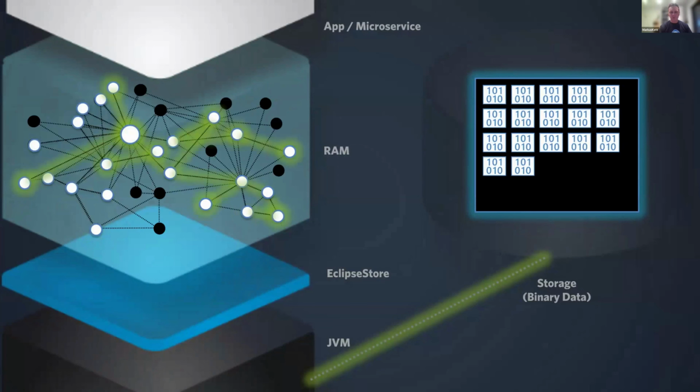If needed, you can remove lazy references from memory. You can define a timeout. So you have control over your lazy references, but you can also let the JVM, the garbage collector, decide which objects are removed from memory. This is very easy and very convenient.